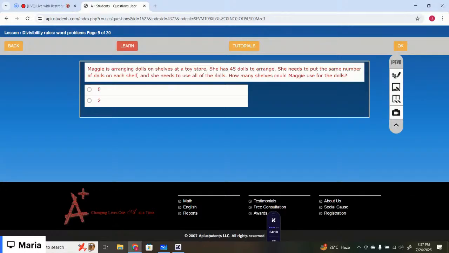How many shelves could Maggie use for the dolls? Option number 1 is the correct option, that is 5.